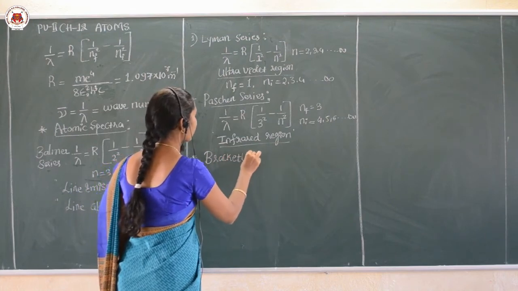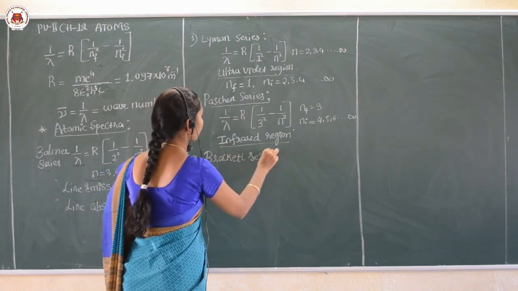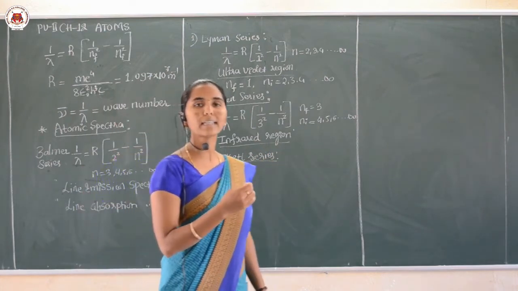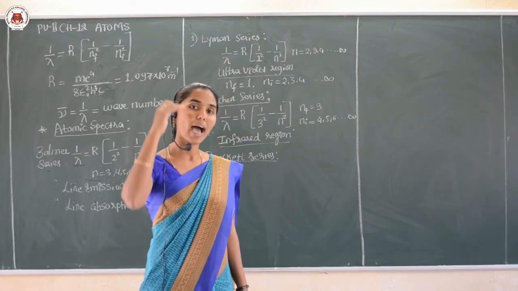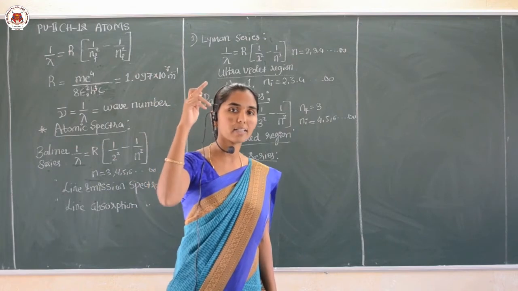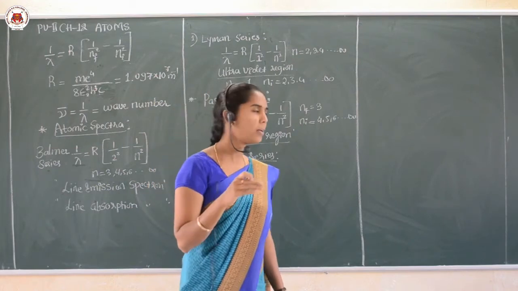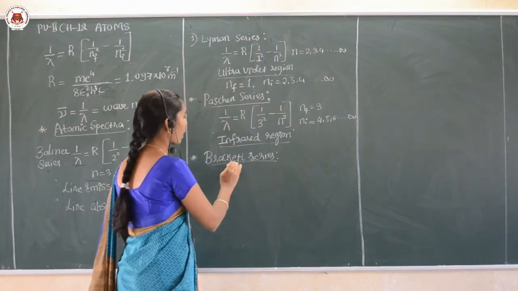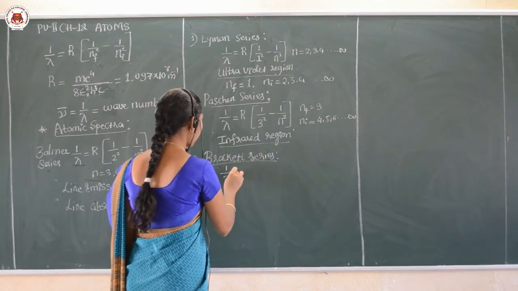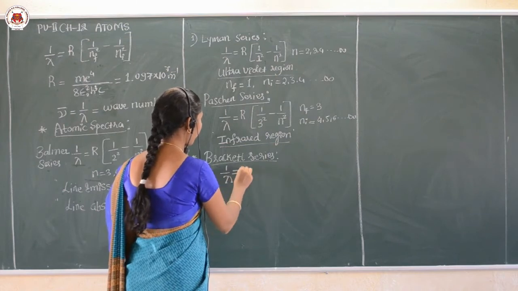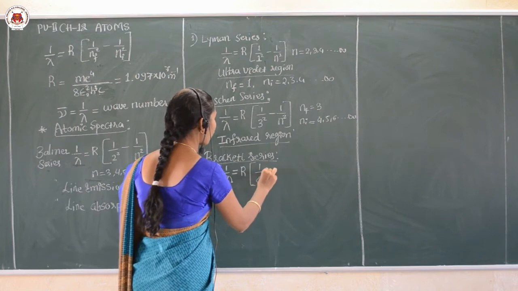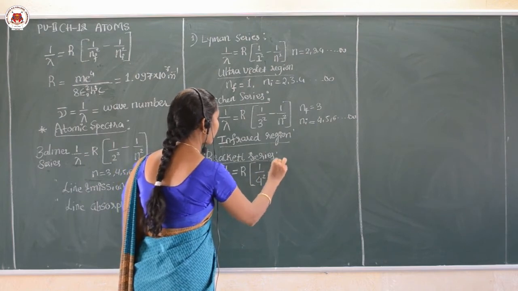The Brackett series is obtained when an electron makes a transition from a higher energy state to the fourth orbit. Therefore, in case of the Brackett series, the wavelength of the lines can be given as 1 by lambda is equal to R into 1 upon 4 square minus 1 upon n square.